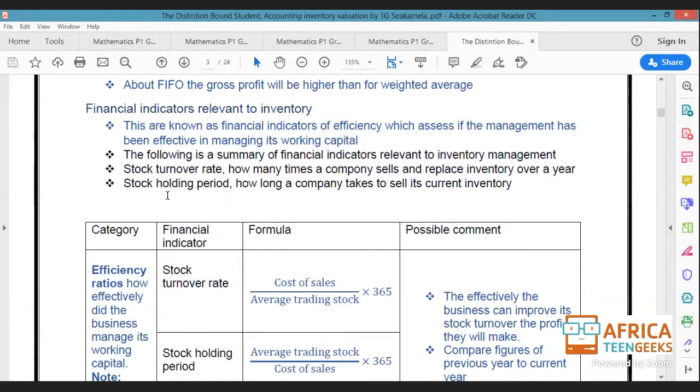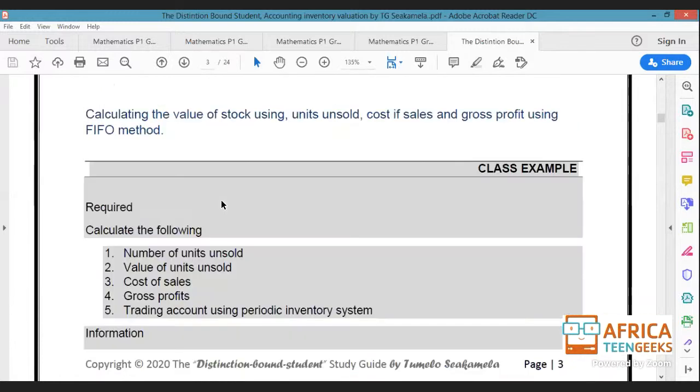And how do you interpret your stock holding period? It means how long a company takes to sell its current inventory. Basically, how long do you hold your stock on your shelves? We use that indicator to see how long, and the rate to see how many times a company sells and replaces inventory over a year.